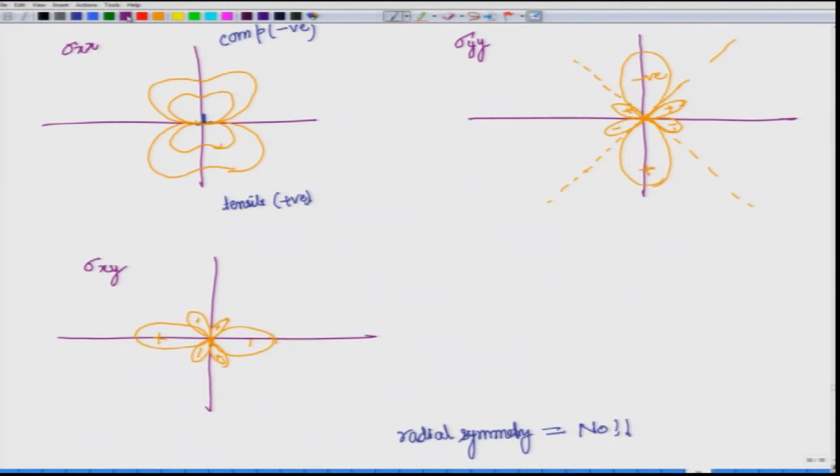We can also draw still another one, which is hydrostatic stress, which is P equal to 1 by 3 (sigma xx + sigma yy + sigma zz). Sigma zz is some quantity dependent on xx and yy, so we are not drawing it. P is also dependent, so we can just directly draw P and we will get a full understanding of the overall stresses acting on this, and this will not have really a radial symmetry, but you can say half radial symmetry.